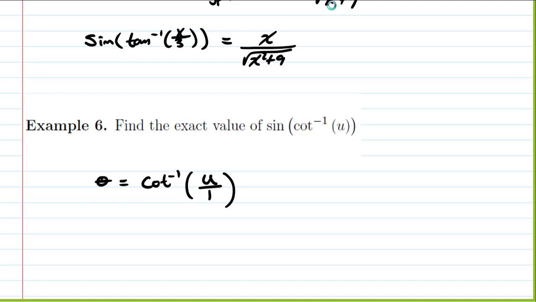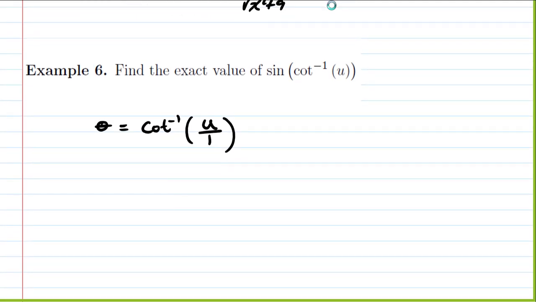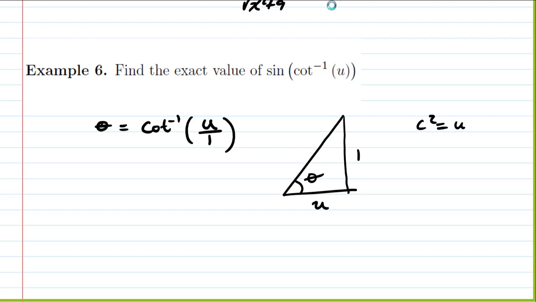And I'm going to write u as a fraction. So when I do so, to help me out, I make my triangle. Cotangent is adjacent over opposite, so this is going to be u, this is going to be 1, and our hypotenuse then is going to be c squared is u squared plus 1 squared, so c is the square root of u squared plus 1.